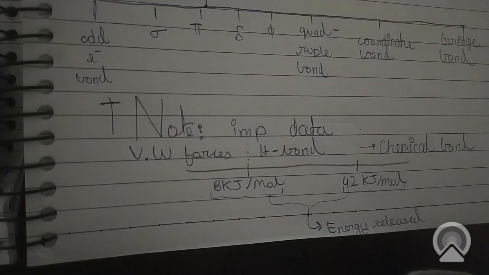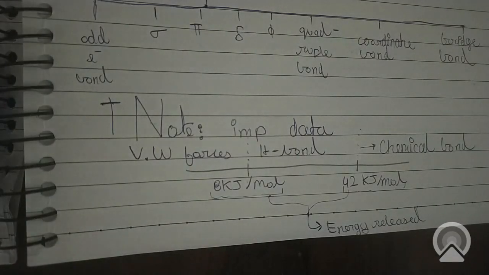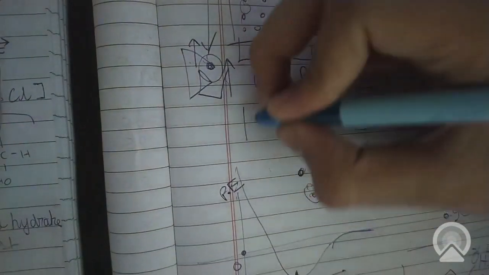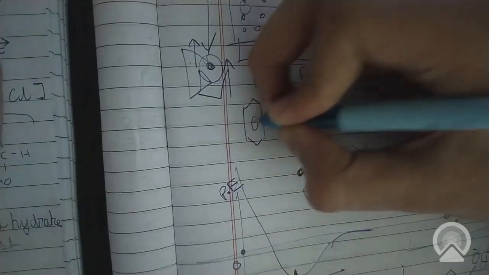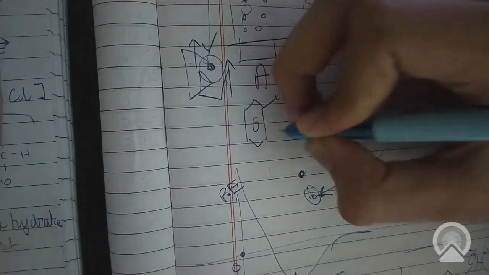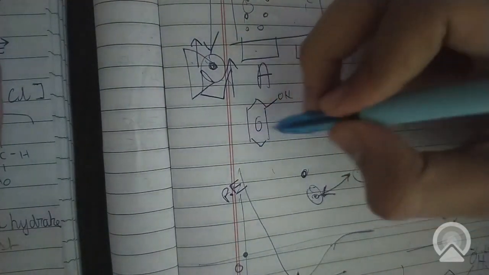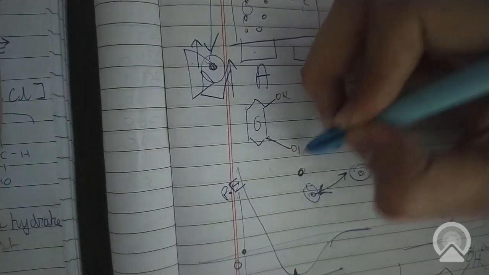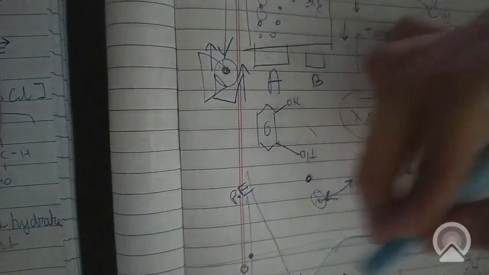If you see any organic structure with a hydrogen bond and the same organic structure without the hydrogen bond, although I don't think it's possible, maybe it should be. But if there are two completely identical organic structures, let me just draw it. This is a benzene ring with OH here, and then OH. Suppose there's no hydrogen bond between them.